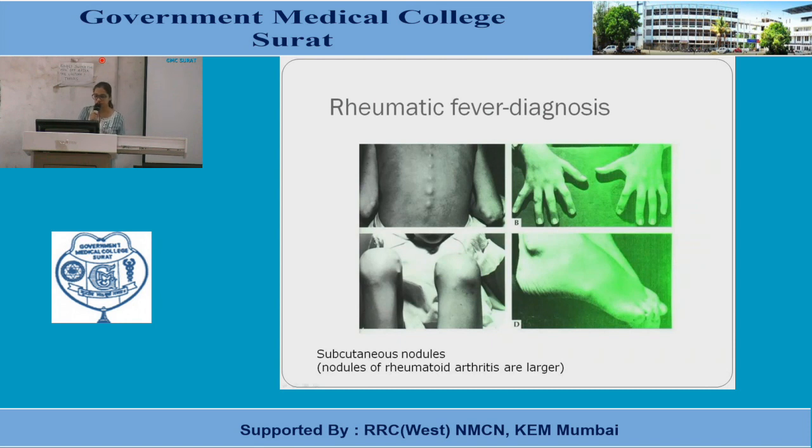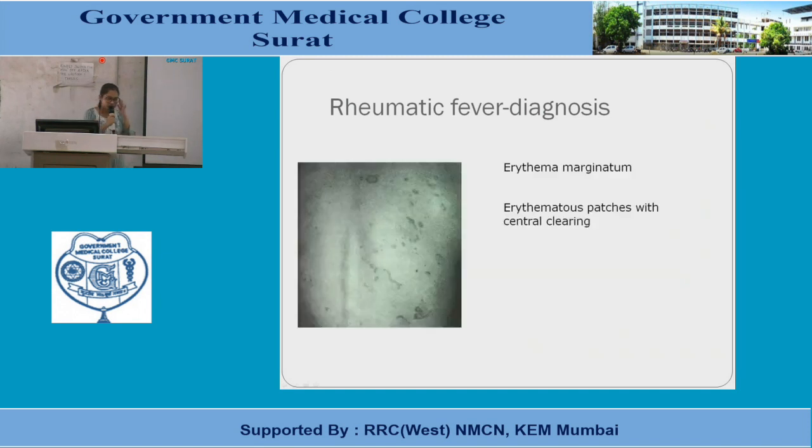These nodules differ from rheumatoid arthritis, in which the nodules are larger as compared to these subcutaneous nodules. Here is the image of erythema marginatum, in which you can see erythematous patches with central clearing.